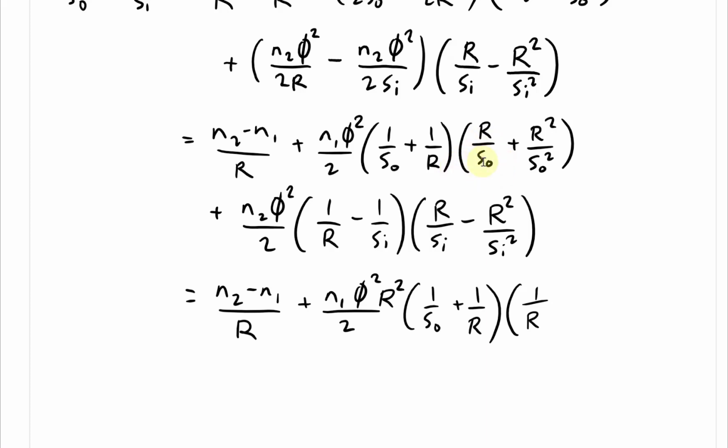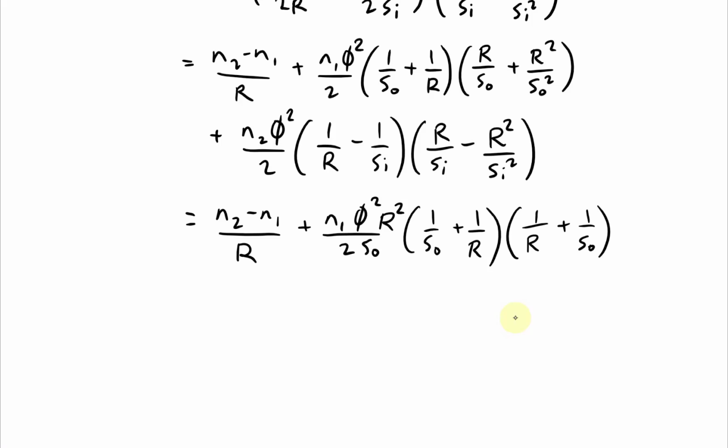So we're going to factor out 1 over s naught out of there. So it just becomes 1 over r plus, now that we're going to factor out r squared and s naught, we're going to have 1 over s naught. And here again, remember, if you multiply r squared over s naught inside here, you're going to get r squared over s naught, the r's cancel. So yeah, we can do that. Now here I'll just do a little illustration.